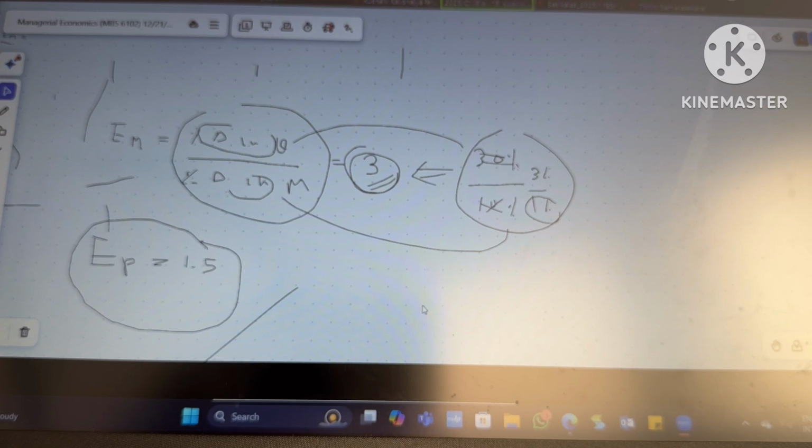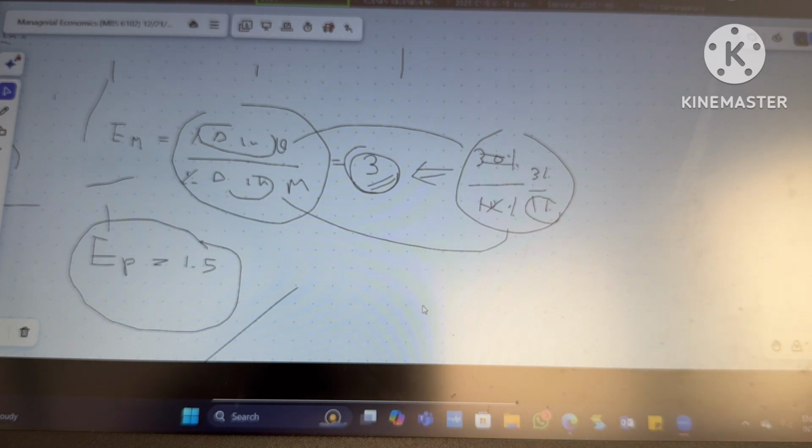The quantity demanded will change by 1.5 for a change in price by 1. In response to a 1% price change, in either direction, increase or decrease, quantity demanded is going to change by 1.5%.